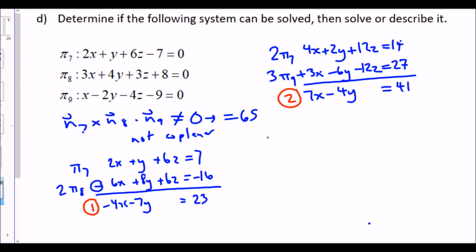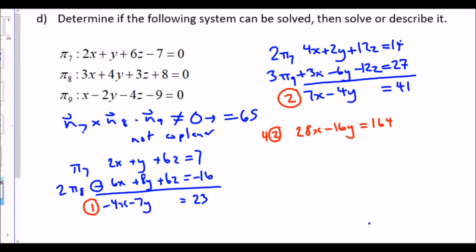So here we go. I'm going to multiply this guy by 4, so 4 times equation 2. So I'm going to get 28x. And what I'm doing here is, now I've got 2 equations, 2 unknowns, which is much easier to solve. 28x minus 16y is equal to 4 times 41 is, I believe, 164.